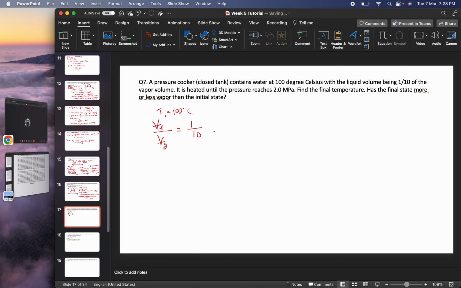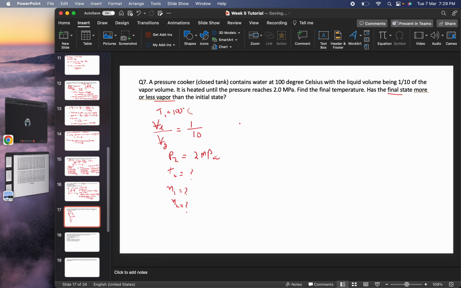Then it is heated until the pressure P2 is given to us as 2 megapascal. Then find the final temperature T2, and whether the final state has more or less vapor, how should we calculate? So we need to calculate x1 and x2, and then compare between x1 and x2 so that we can determine whether the final state has more or less vapor than the initial state.